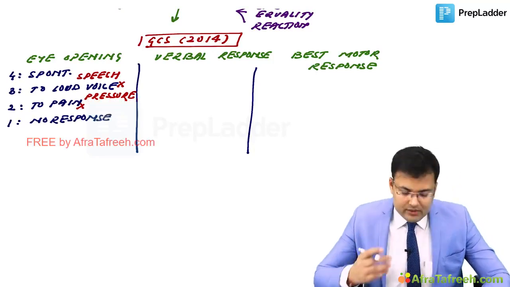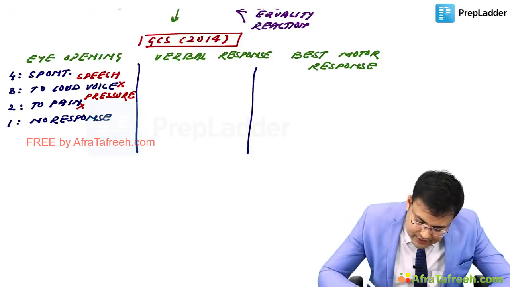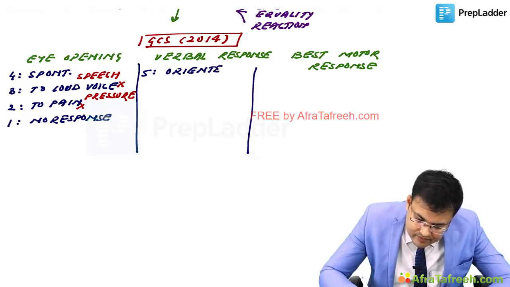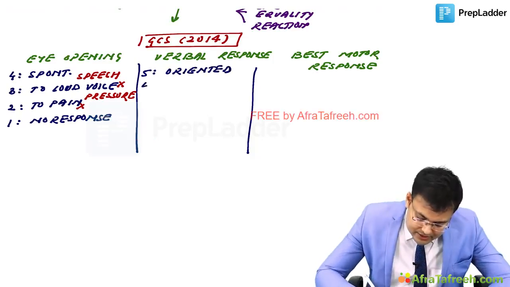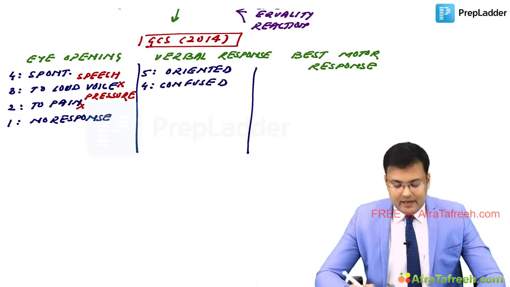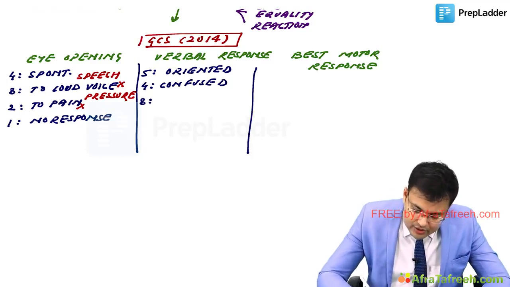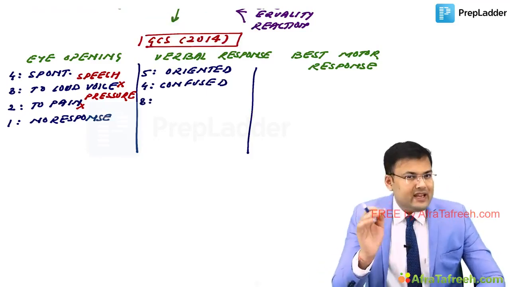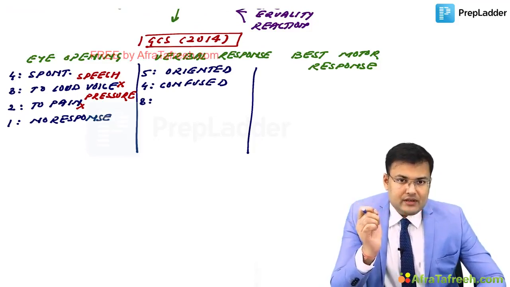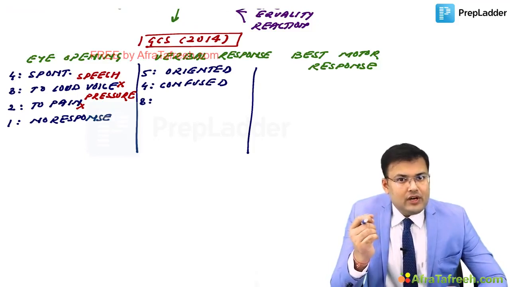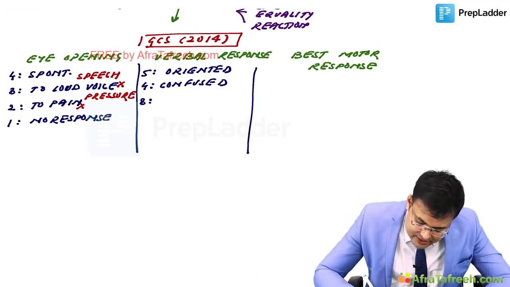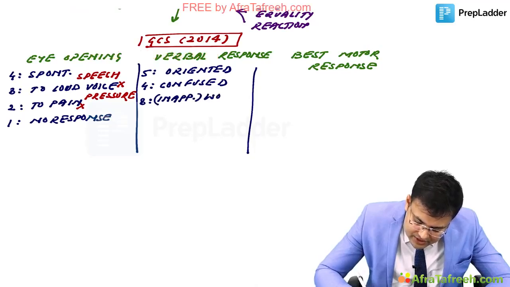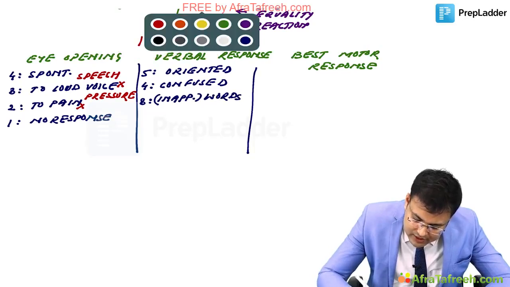And obviously if the score is 1, there is no response. Simple. Now coming to verbal response. If the score is 5, patient is oriented. If the score is 4, patient is confused. And if the score is 3, according to the previous GCS, inappropriate words were mentioned, but according to the updated GCS, only words.